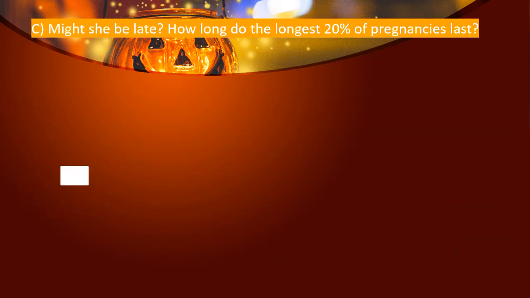So C is a bit of a tricky one. Might she be late? How long do the longest 20% of pregnancies last? So, okay, let's figure out this one. Again, I can do this. Mu equals 266. My standard deviation is 16. And now I have a percentile. I have 20%.